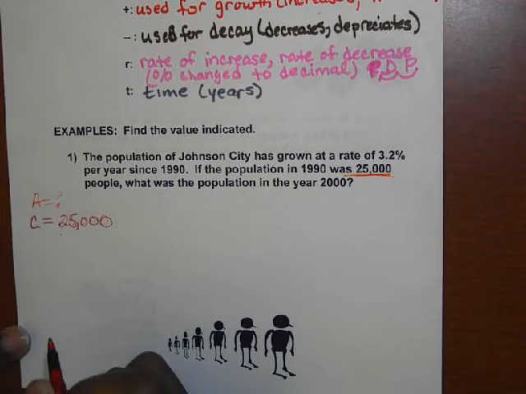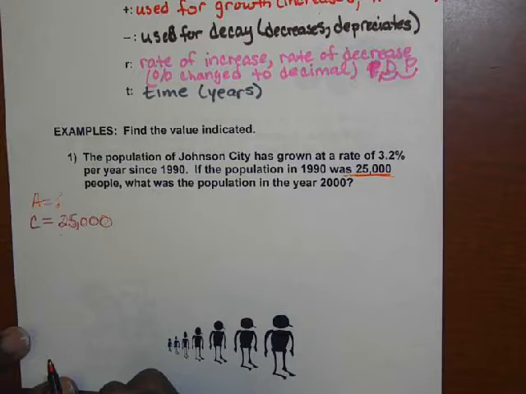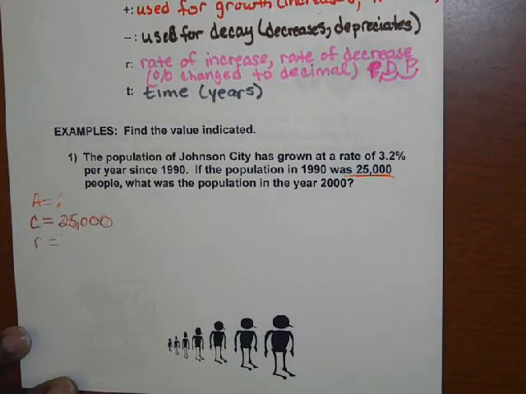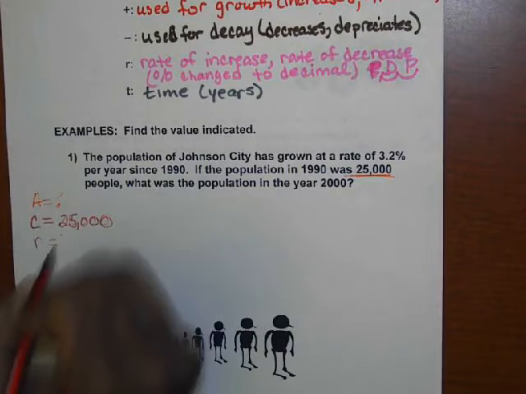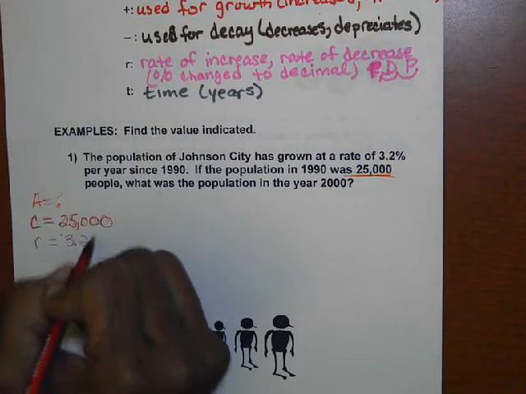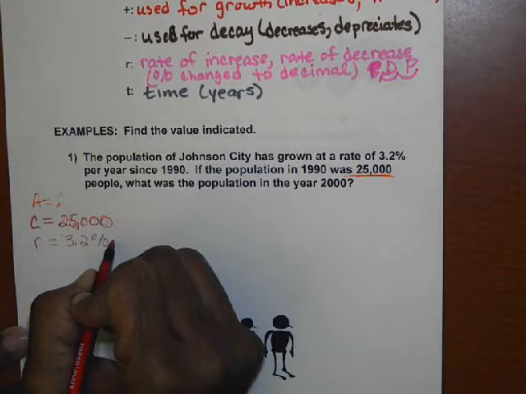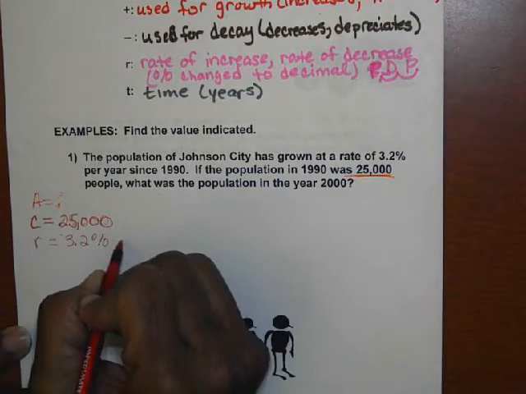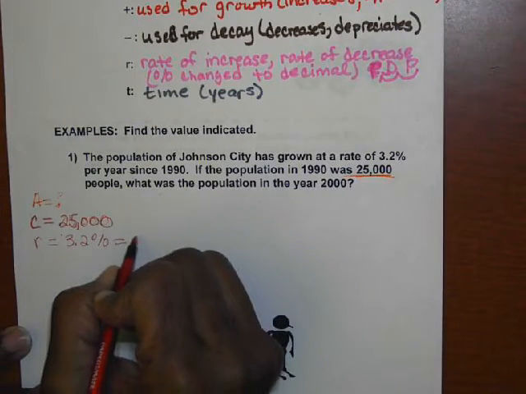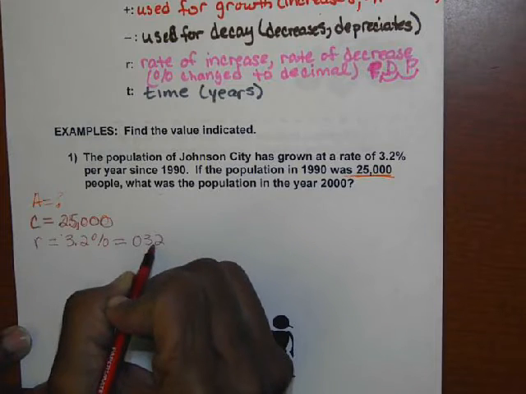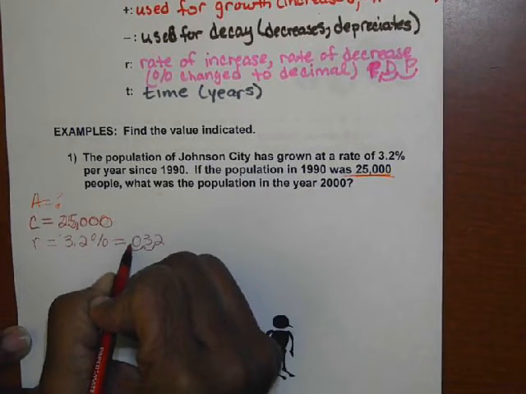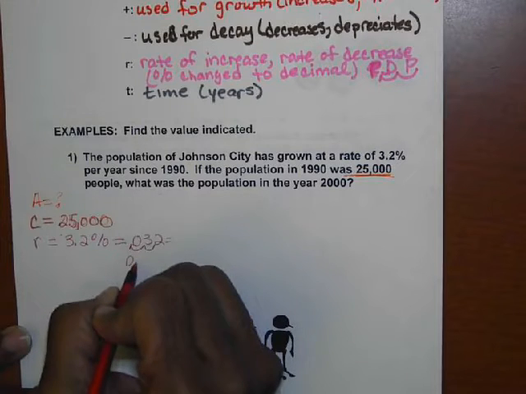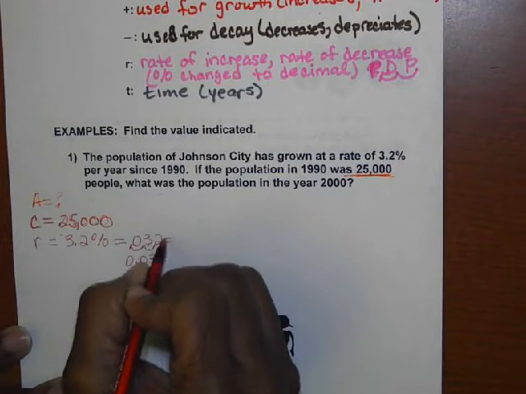All right. Let's see. What is my r? What is my rate? Do I know what my rate is? My rate is 3.2%. But I have to change that to a decimal, so I'm going to move this decimal 2 places to the left, so that gives me 0.032.